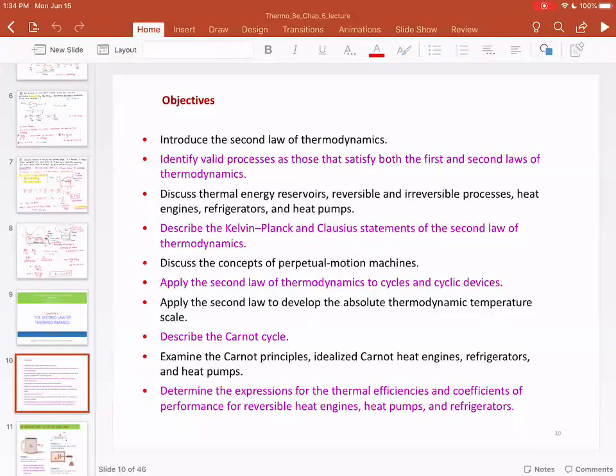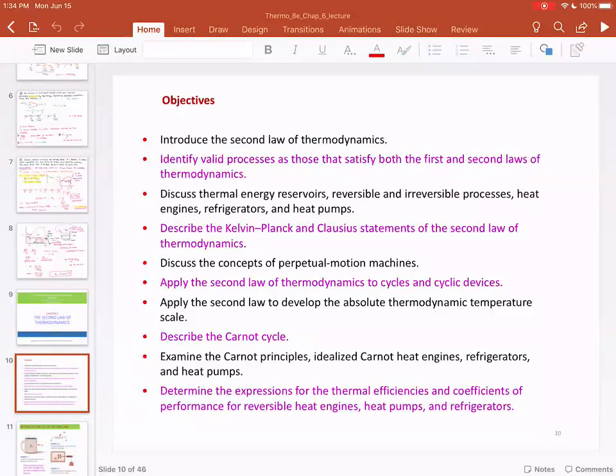Kelvin Planck's statement is related to heat engines. On the other hand, Clausius' statement is associated with heat pumps or refrigerators. Clausius' statement says that you can't have heat transfer from low temperature to high temperature on its own.